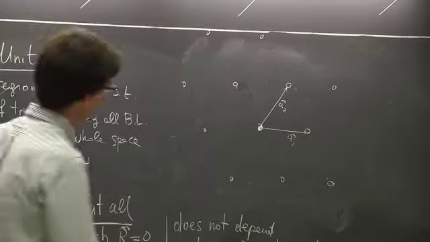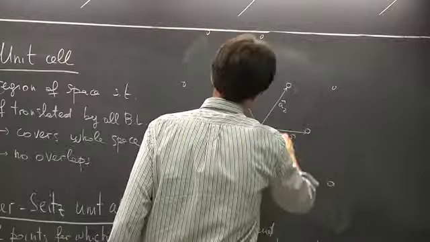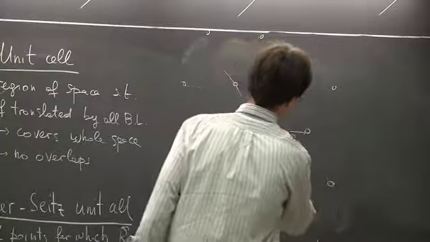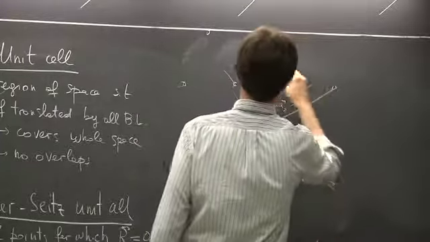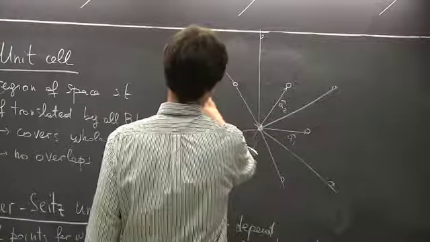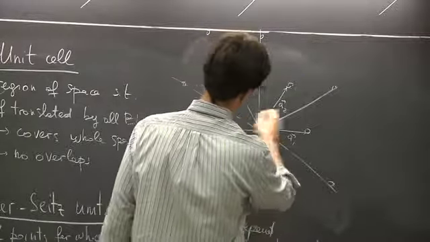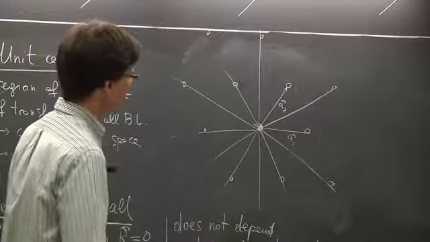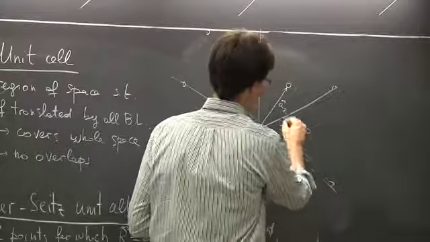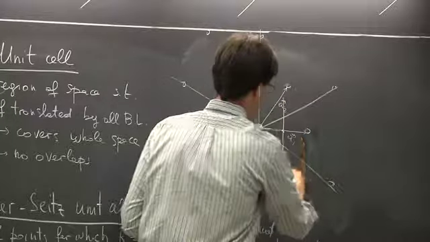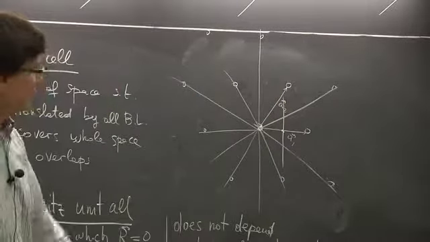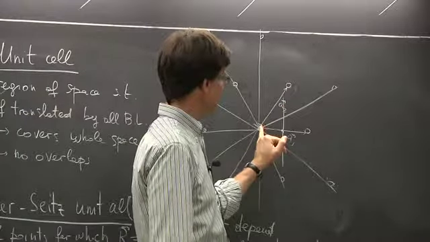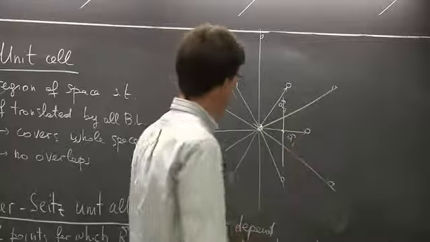So what do we do? Well, we draw lines connecting all the possible nearest points, and so on and so forth, of course. Then we construct the perpendicular, right? Because we can be sure that points to the left of this line will be closer to this one than to this one, right?